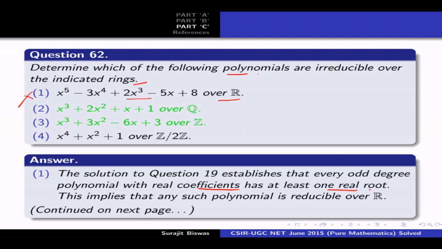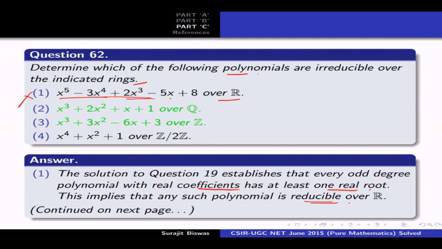This implies that any such polynomial is reducible over R. So that means in particular this polynomial is reducible.